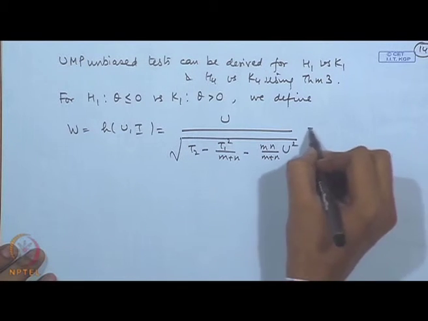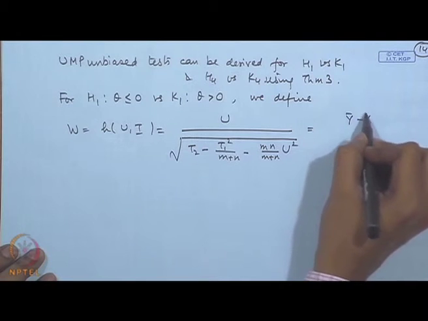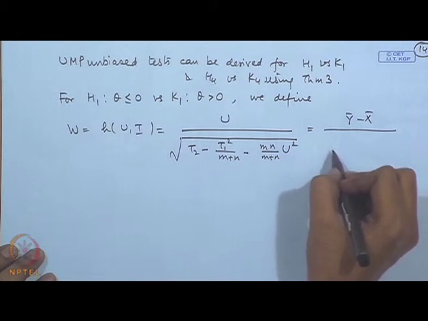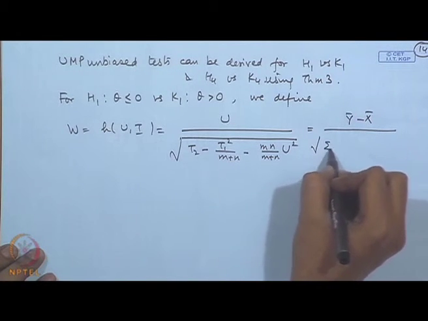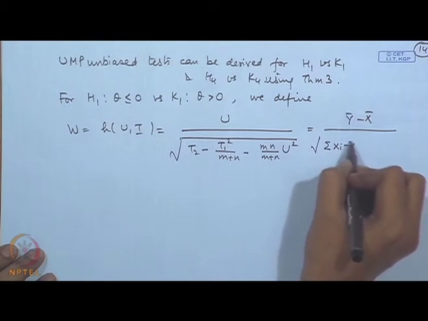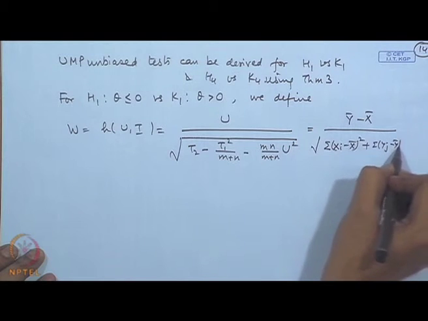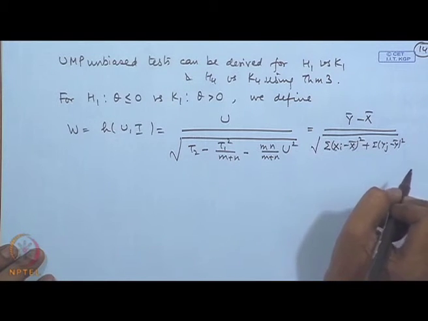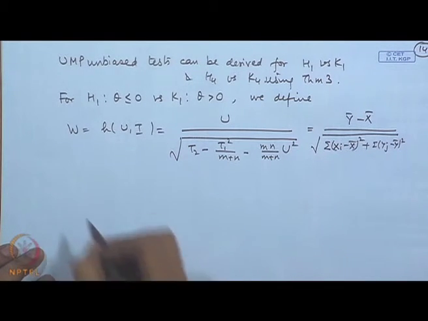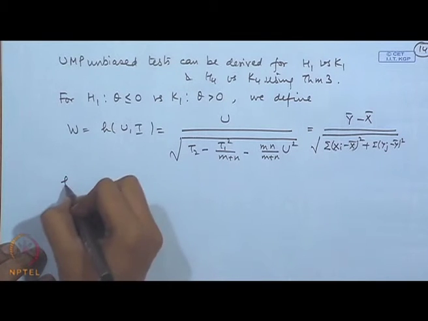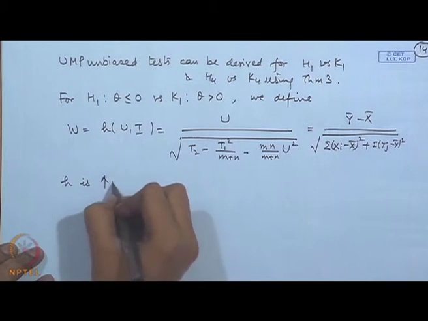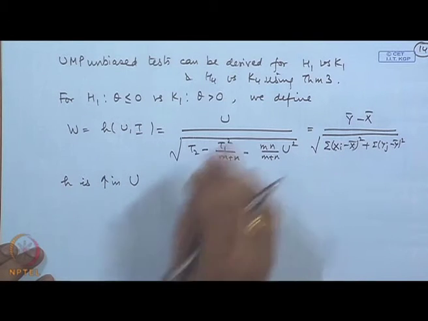Now, this function is actually y bar minus x bar divided by the square root of sigma (x i minus x bar) whole square plus sigma (y j minus y bar) whole square. W is increasing in u, that can be easily checked here.